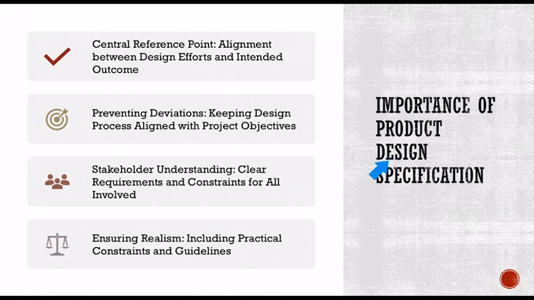Why is product design specification very important in mechanical engineering design? First, as a central reference point where the alignment between the design effort and intended outcome can be monitored. Second, it prevents deviation, because by using PDS, we can keep the design process aligned with the project objective.